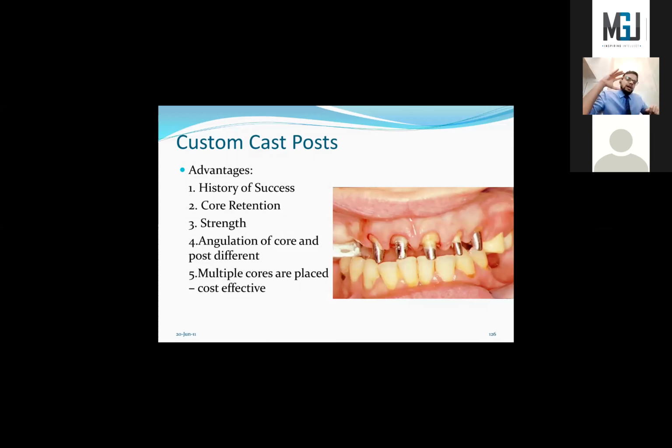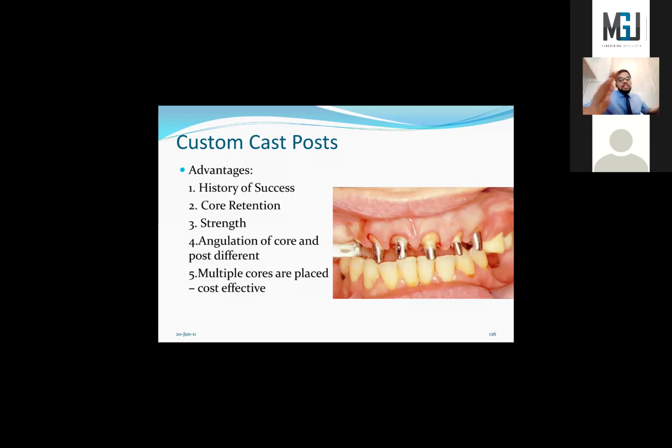It's one of the earliest techniques of post and core which was followed from a very, very long period of time. So it's of course got a history of success. It's got fantastic core retention because it's made as one unit. It's custom made, so the whole unit comes as one. It's got very good core retention, excellent strength because it's made of the best kind of materials.